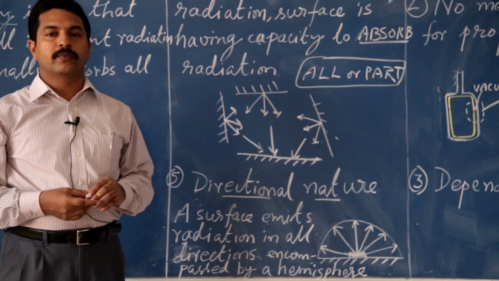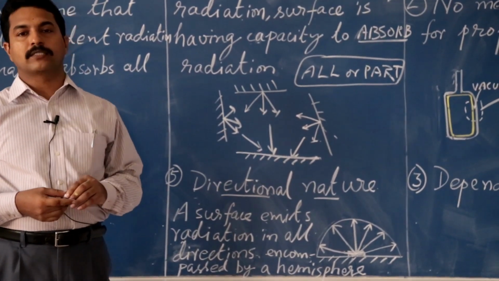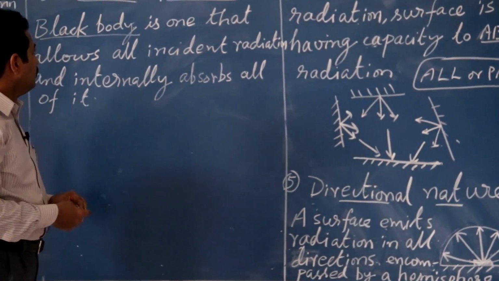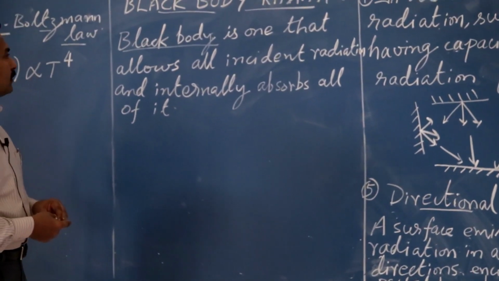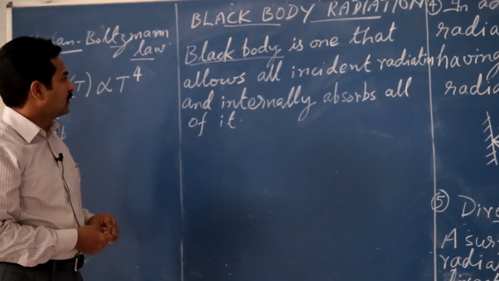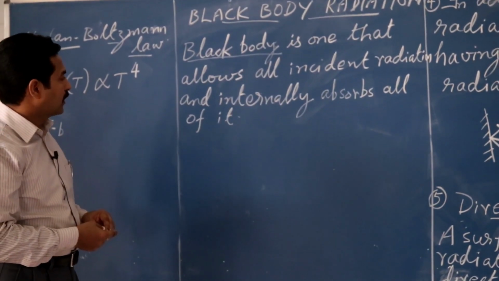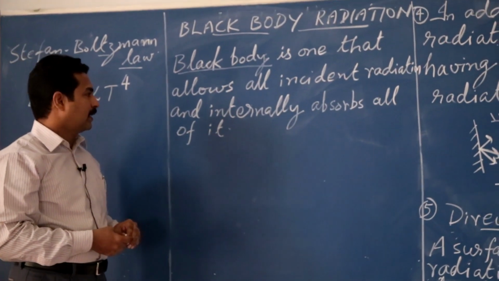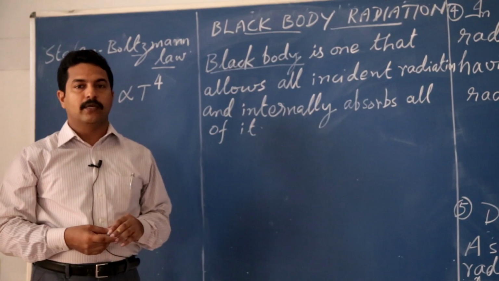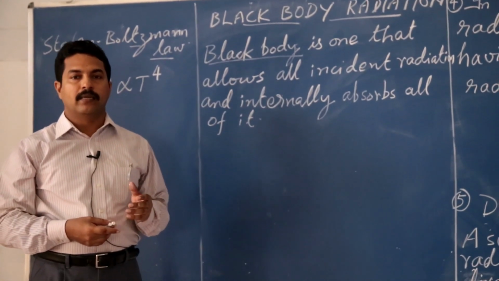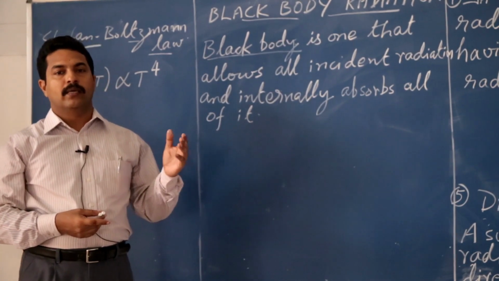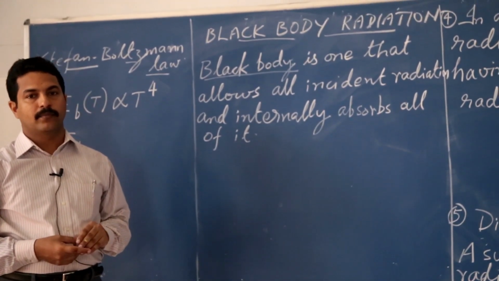Next, we have to study a very important concept, an idealization, that is known as a black body. What is black body radiation? A black body is one that allows all incident radiation and internally absorbs all of it. Whatever be the wavelength and whatever be the direction, it absorbs all the radiation incident on it.